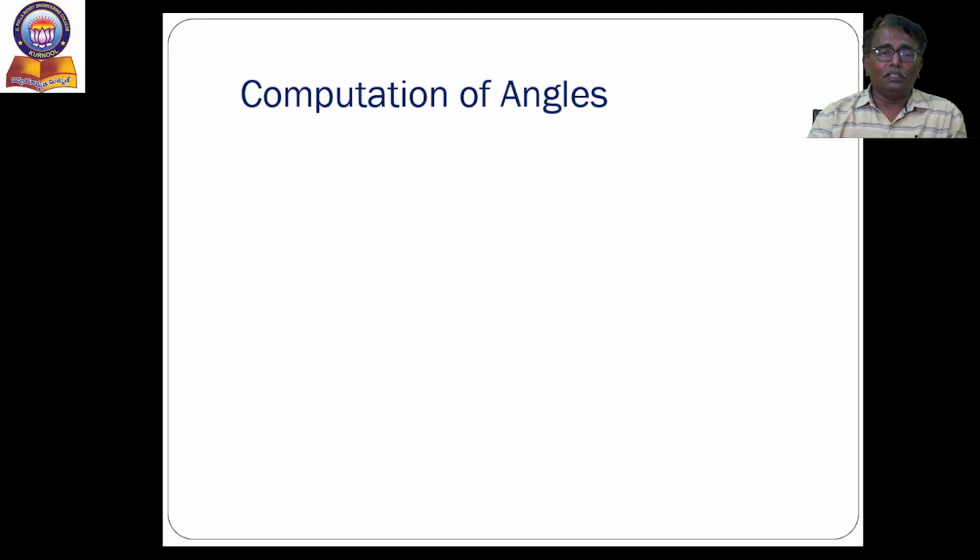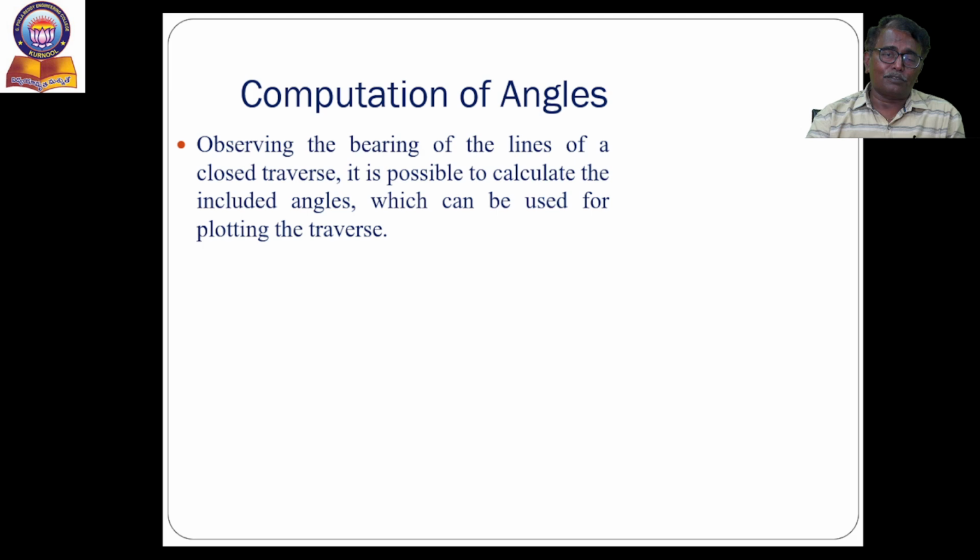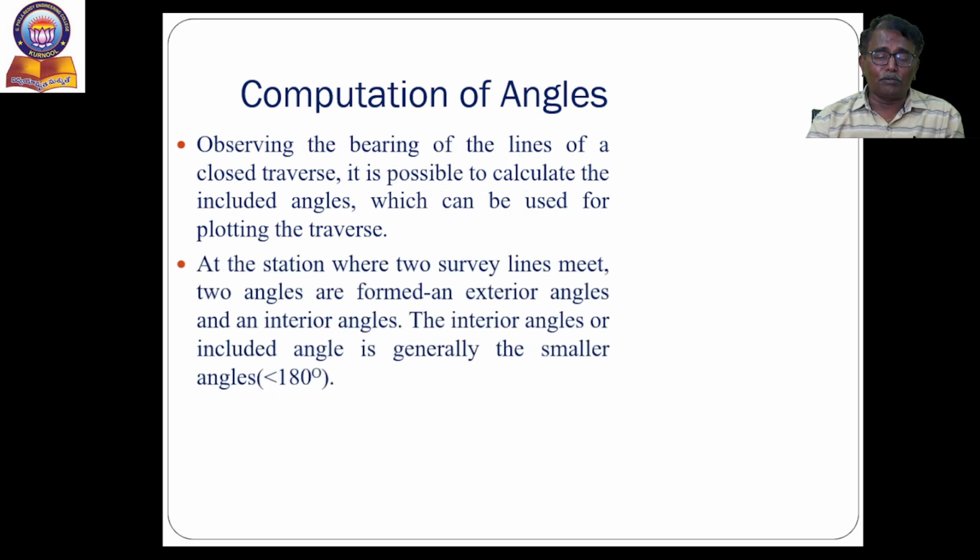Next is computation of angles. From the bearings, we have to compute the angles for plotting purposes as well as calculation purposes. By observing the bearings of the lines of a closed traverse, it is possible to calculate the included angles, which can be used for plotting the traverse. At a station where two survey lines meet, two angles are formed, an exterior angle and an interior angle.